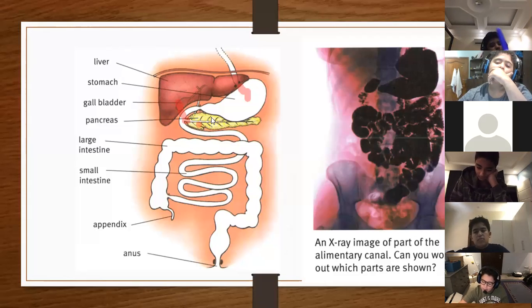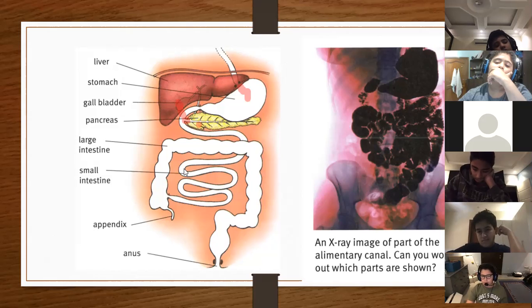The small intestine is called small not according to the length, but according to the diameter of that tube. From the small intestine, it goes to the large intestine. Now the small intestine has the ability to completely finish the absorption of the nutrients.